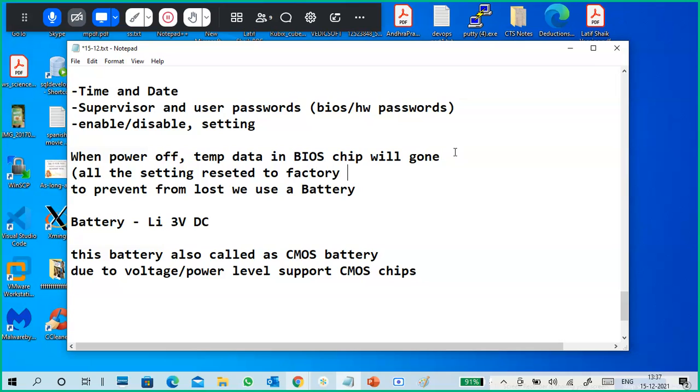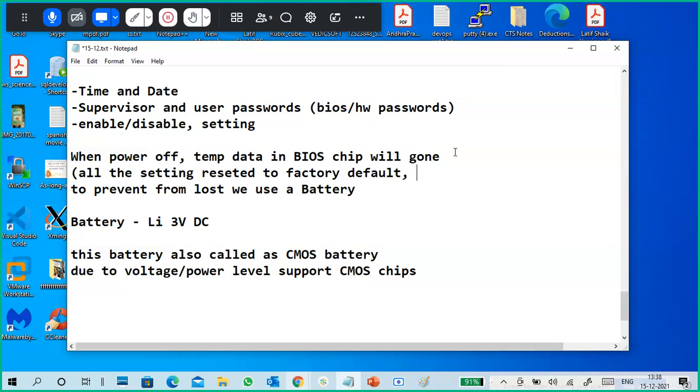to factory default. If you know the old feature phones, if you remove the battery and reinsert it, automatically the time, date, everything is gone. The settings are reset to factory default.